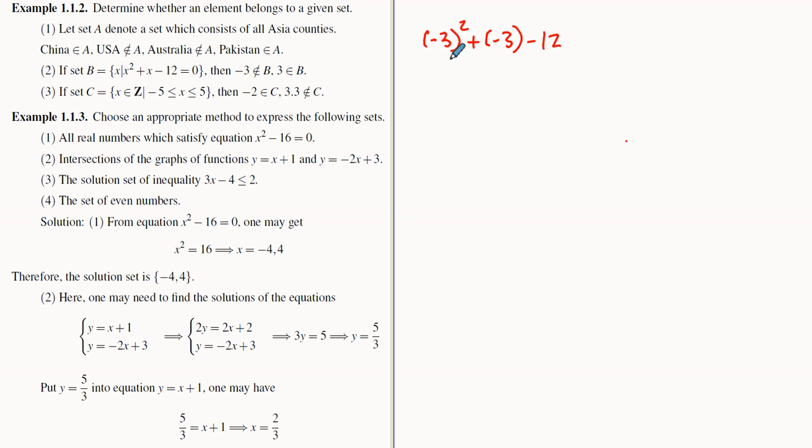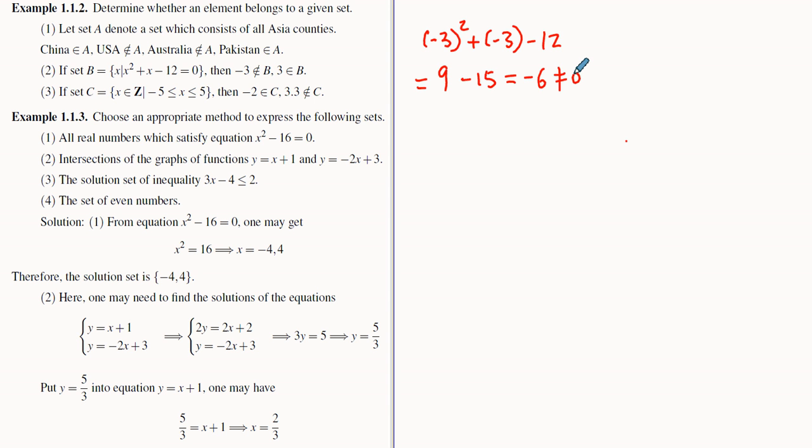Negative 3 squared is positive 9. -3 and -12 together is -15. So the answer is what? It is -6, which does not equal 0.